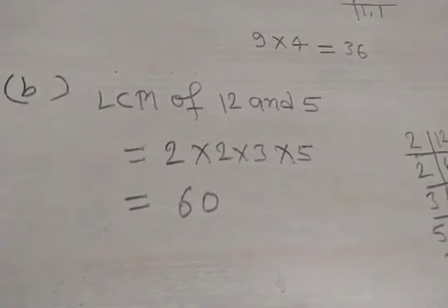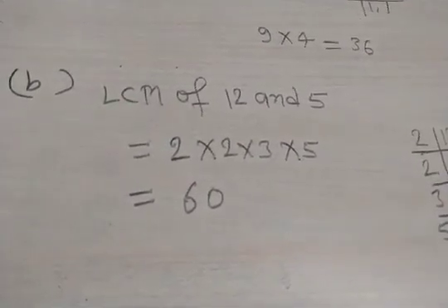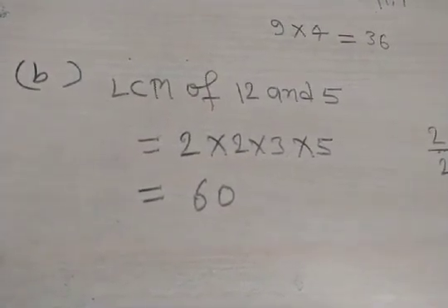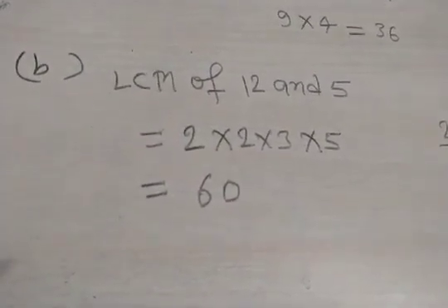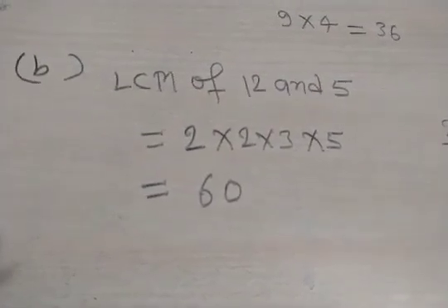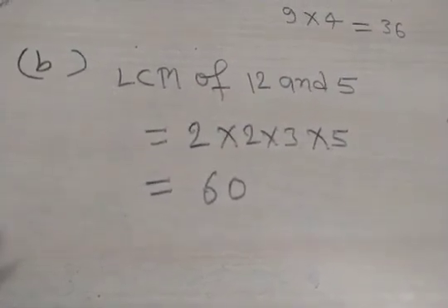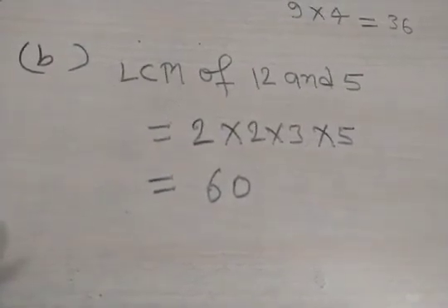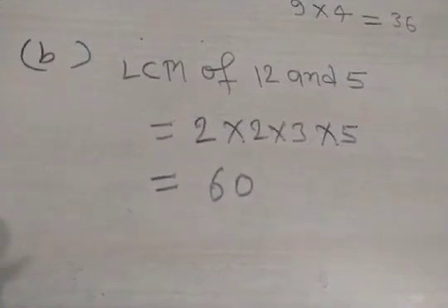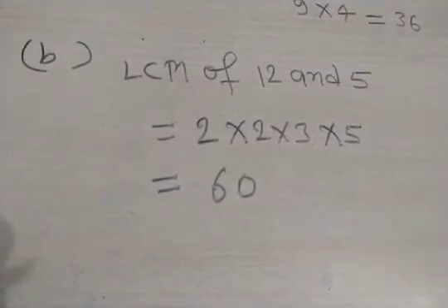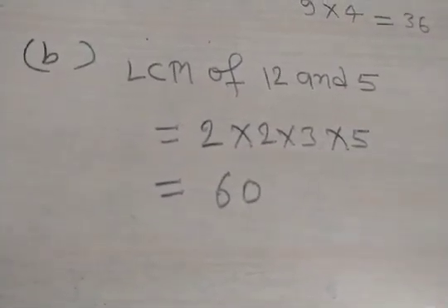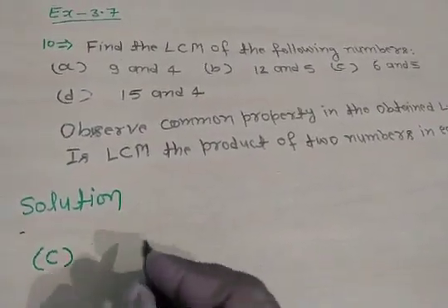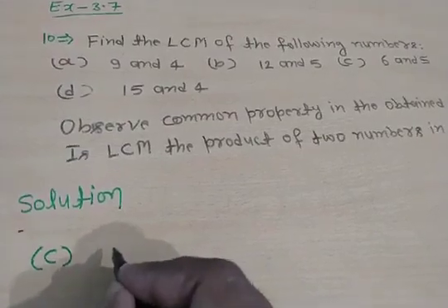The product of 12 and 5 is also 60. So you can see here the LCM is the product of the given numbers. Now C part, LCM of 6 and 5.